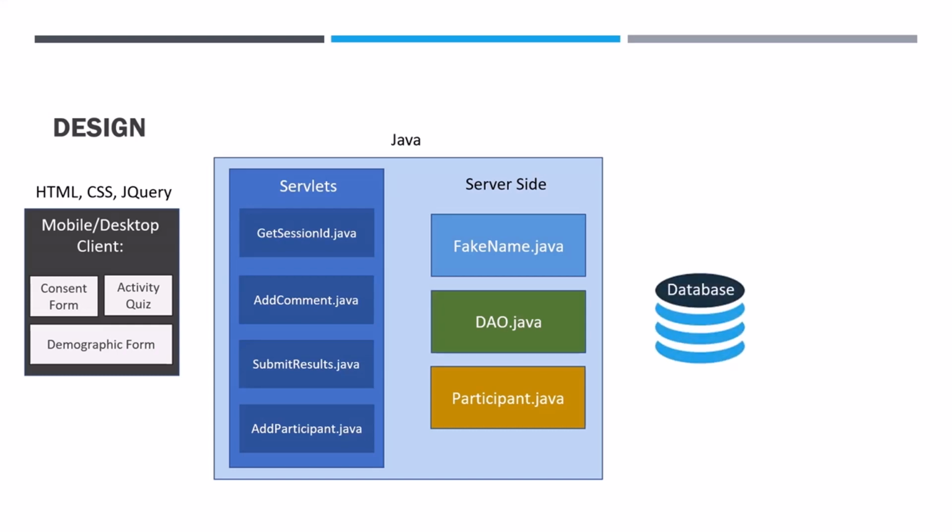You have the database, which was written in MySQL, and then you have the machine learning algorithm, which was written in Python, utilizing libraries pandas, sklearn, and matplotlib. So these are all the separate components of the whole system, but starting from when the participant will access the consent form, a fake name needs to be generated.